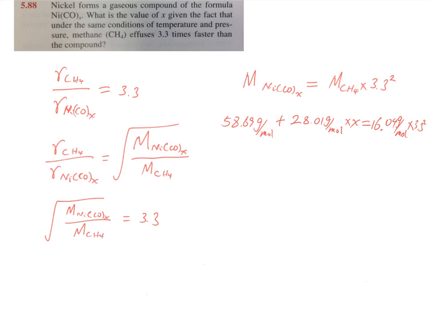We solve this equation for x. We have x equal to 4. Therefore, the compound is nickel with 4 units of CO.